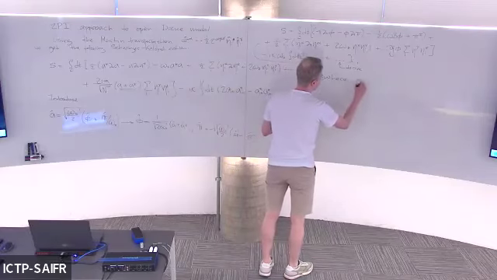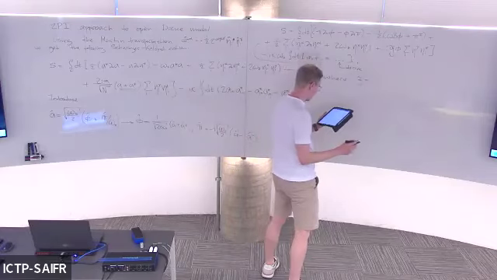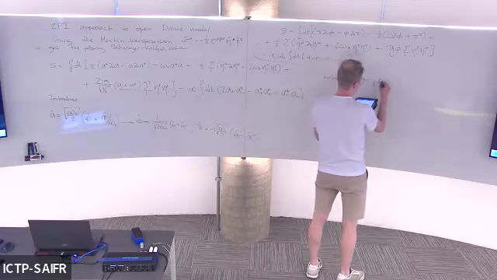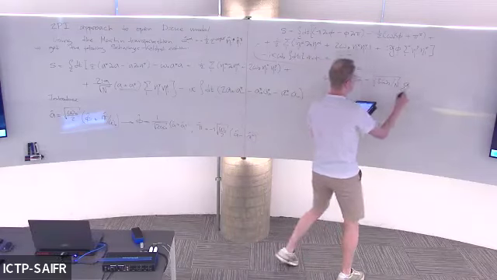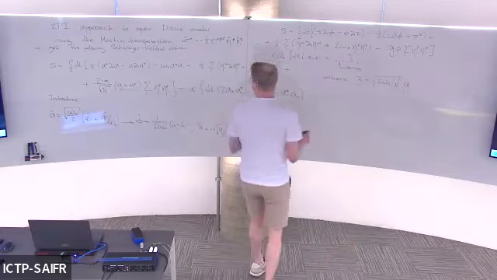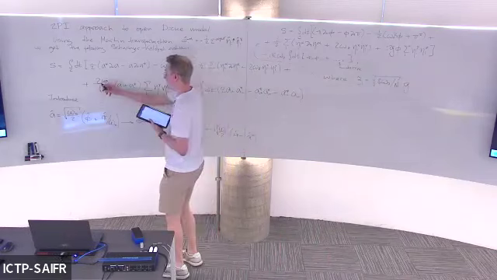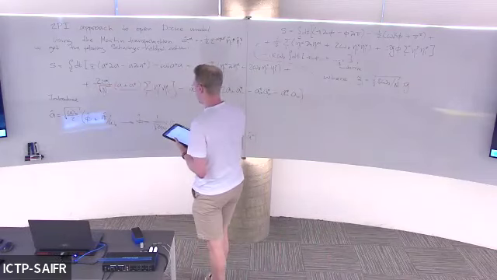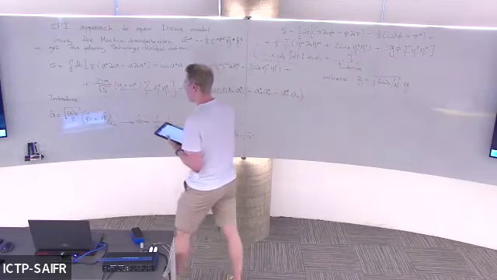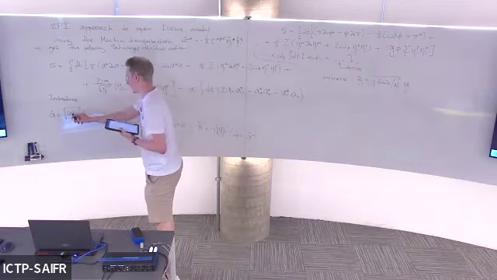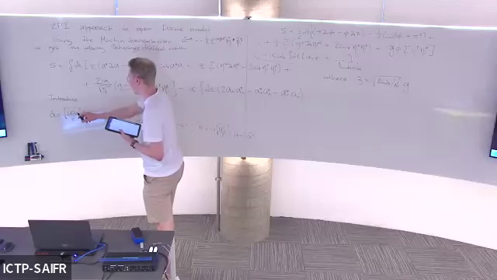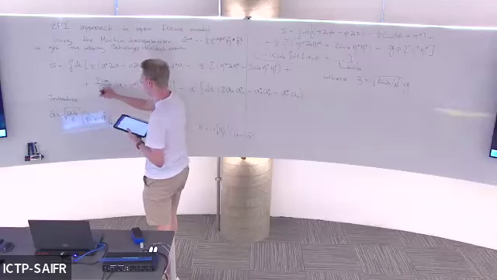Where G tilde is simply h omega naught divided by n times G. So we have 2 from here, and then we pick up another factor of square root of omega naught from this, and square root of n from here.